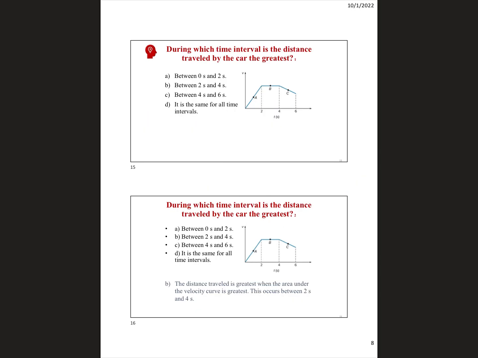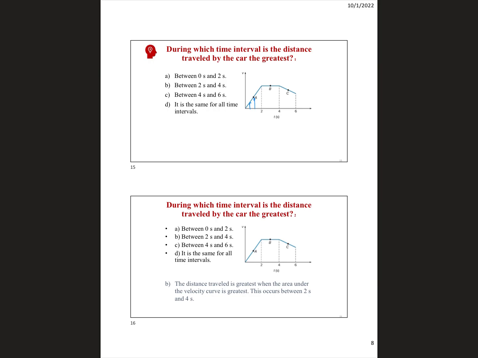During which time interval, between 0 and 2, 2 and 4, or 4 and 6, is the travel by the car the greatest? Meaning the displacement is the greatest. Well, if he has a big velocity, he can displace a lot. But here, the velocity is changing, becoming bigger and bigger.